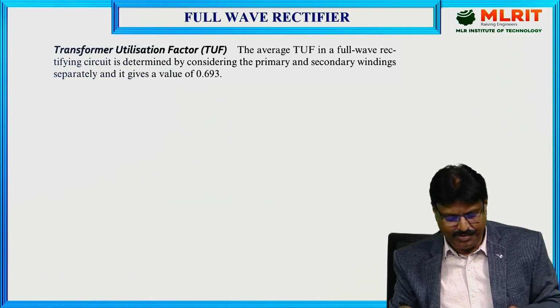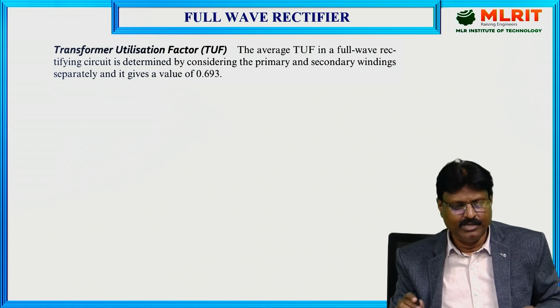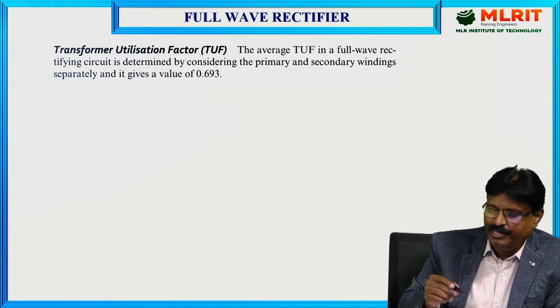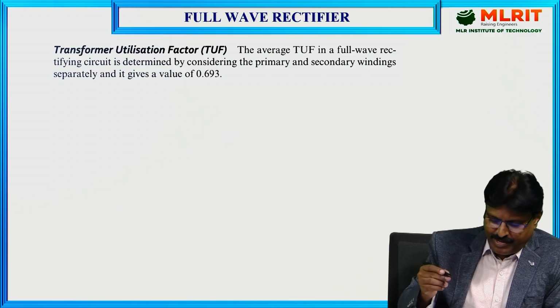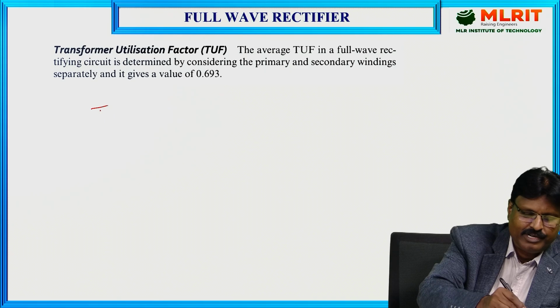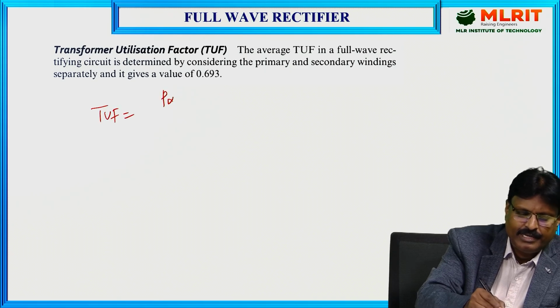Next is the transformer utilization factor. Quite a complex one here. So earlier in the half wave rectifier, we directly calculated by making use of a formula. That is the formula of TUF, the transformer utilization factor, is PDC by PAC rated.